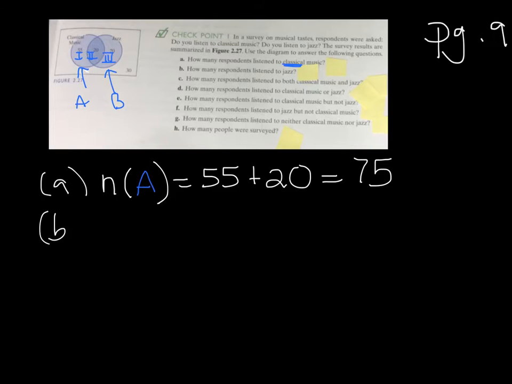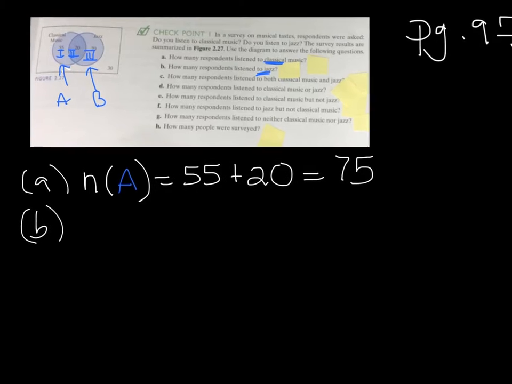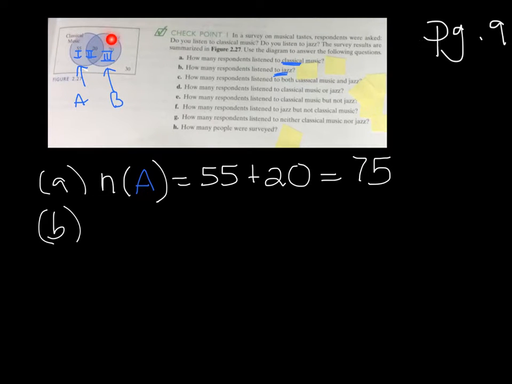Part B is how many respondents listen to jazz. Again, this is very similar. Jazz is right here, and this is a cardinality. So that's going to be 20 plus 70.